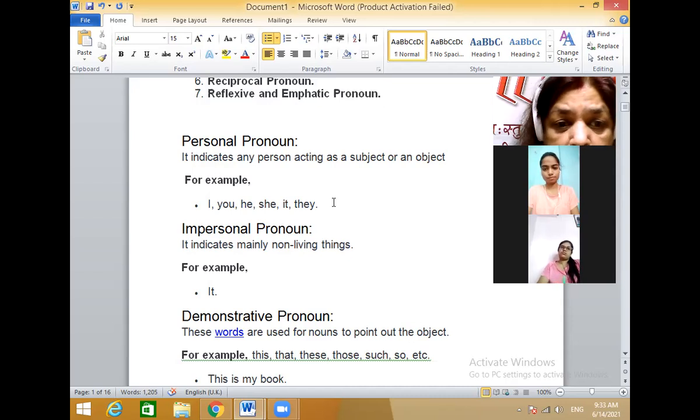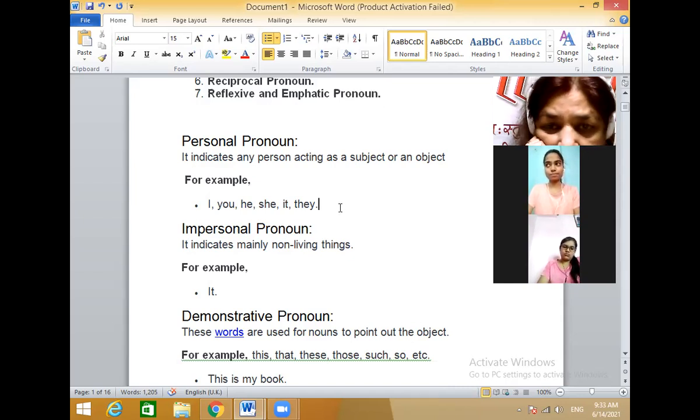So I hope you remember what is compound complex, what is complex. Yes, Priya, can you give me an example of from simple to complex sentence using the word I? Ma'am, simple sentence. I saw the dog.